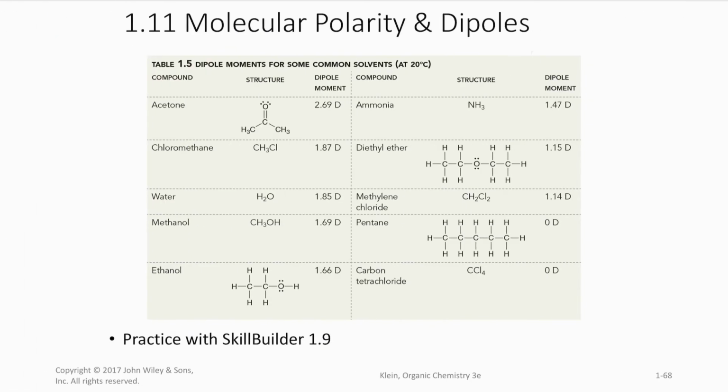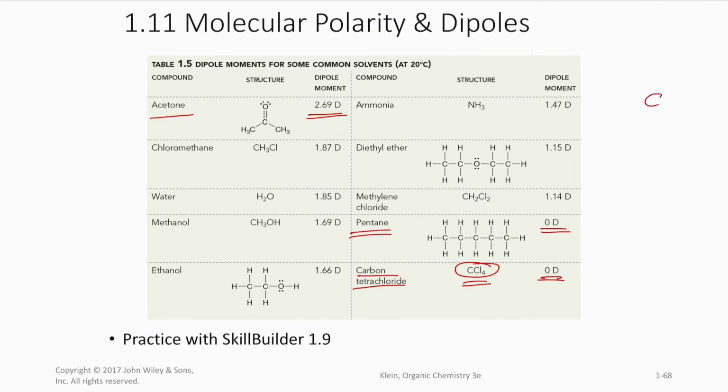In the same way, when we talk about different molecules, for example, acetone has 2.69 D. One of the molecules that has, for example, pentane, with nonpolar covalent bonds, has 0 D. Carbon tetrachloride, CCl4, becomes 0. Why is it the case that CCl4 has 0 D?